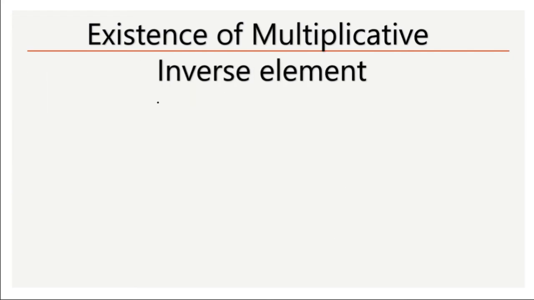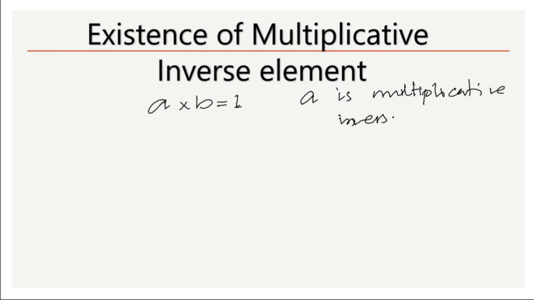Similar, by multiplying a number with another number, if I get the product as 1, then I say that A is multiplicative inverse of B. If I have a number 5, I need to multiply 1 upon 5 to get the product as 1.